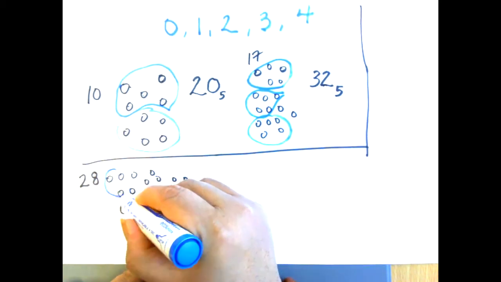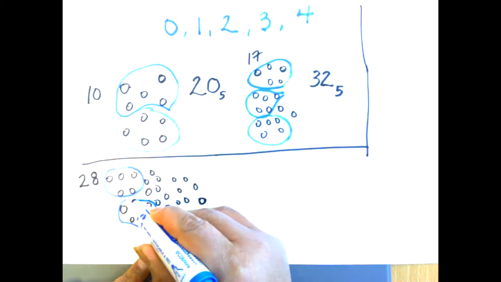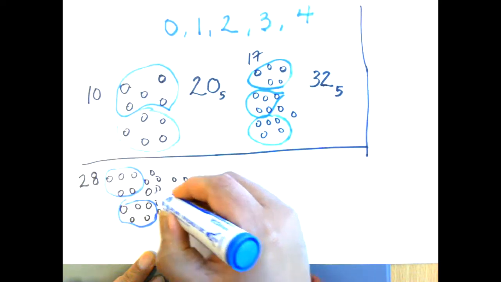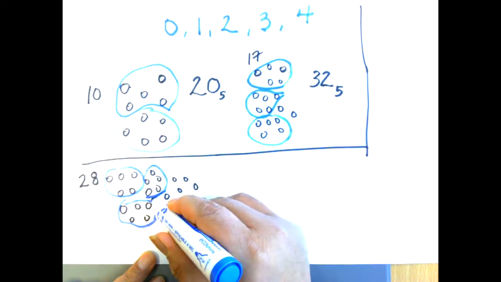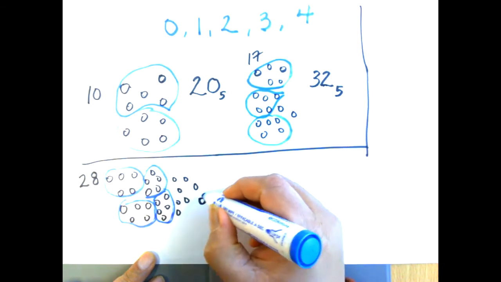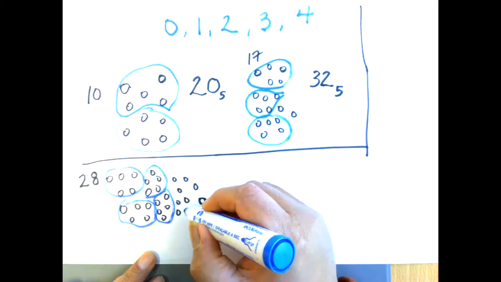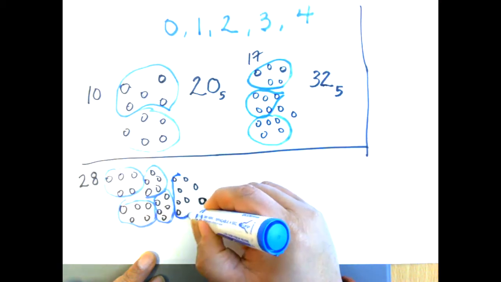So, this is one group of five, another group of five, and another group of five, another group of five, another group of 1, 2, 3, 4, 5. There you go. This is another group of five.